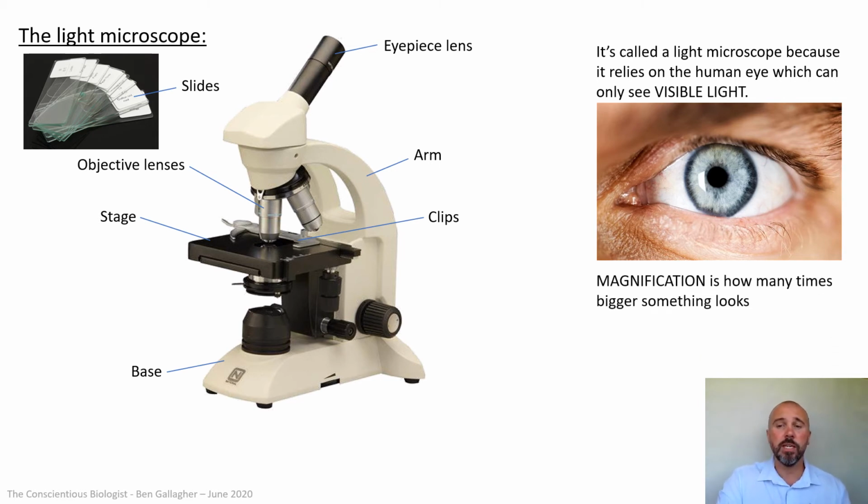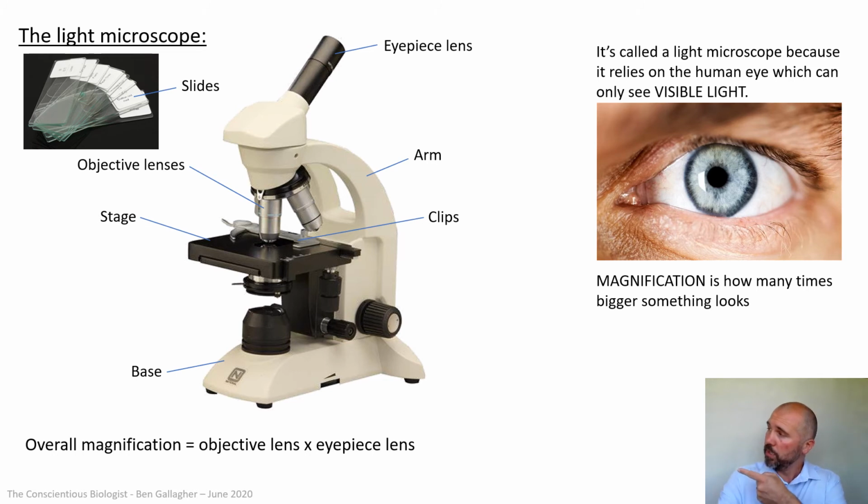And magnification is just how many times bigger something looks. So between the objective lens and the eyepiece lens, it's how much bigger can they make the object look. So if you're looking for the overall magnification of a microscope, you need to multiply together the objective lens and the eyepiece lens.